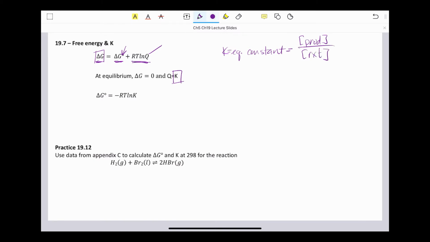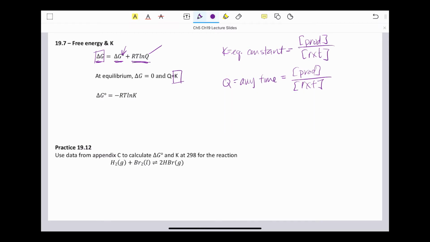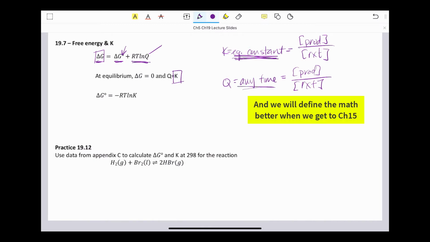Whereas Q is anytime, the same equation, the relationship of product to reactant. So K and Q are a representation of the amount of product and reactant present in the system, where K is specifically at equilibrium, and Q is at any given point in time.